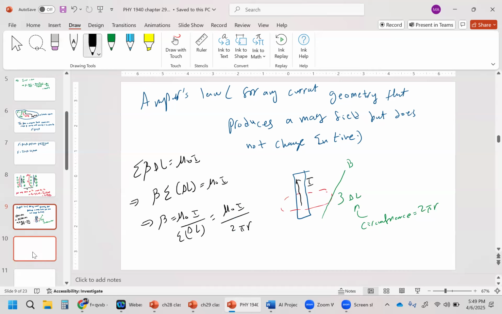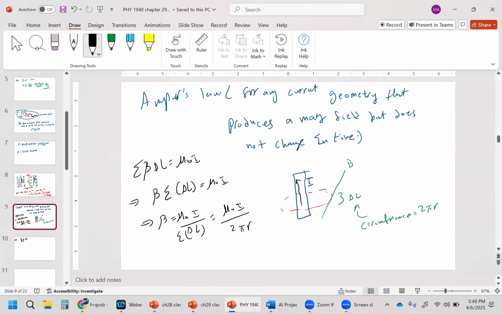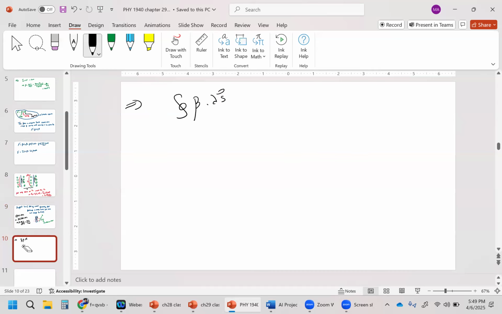So basically, you have the closed integration of B dot ds, and I'm just going to say dl because I've been using L, is going to equal mu naught I, the current enclosed.